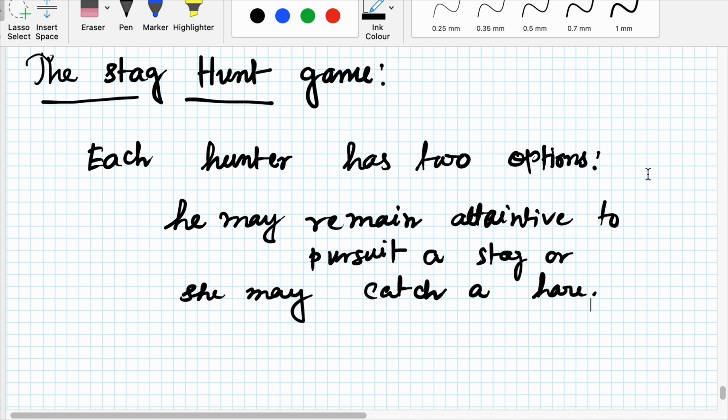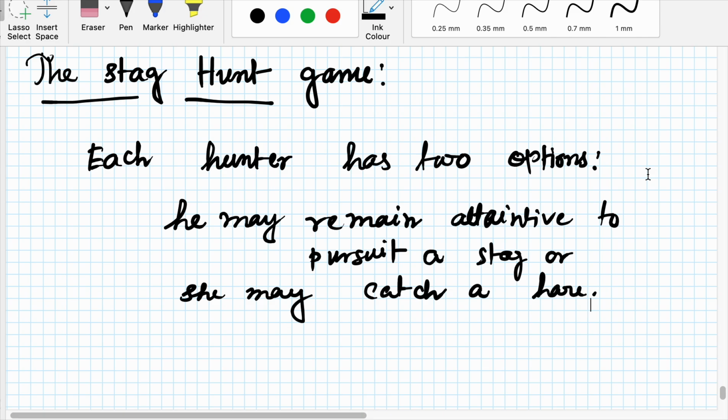Everyone needs to cooperate among themselves to catch a stag. However, one individual can defect from the group and single-handedly catch a hare, and he will enjoy the hare alone.